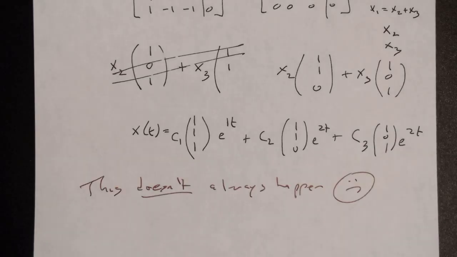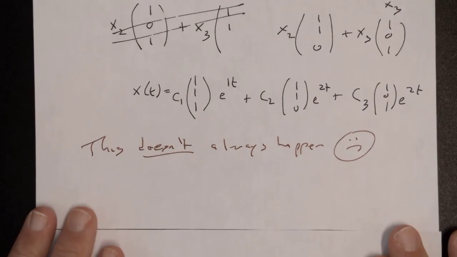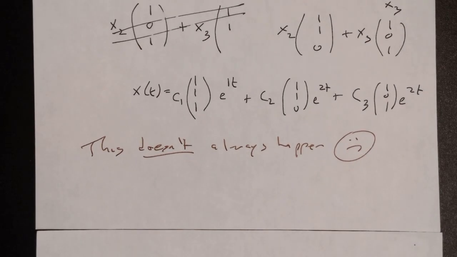Ah, this doesn't always work like that. It would be so nice. It would be amazing. But no, sometimes my set of vectors is deficient. If I don't have enough vectors, I need another one. I'll do a 2x2 case.